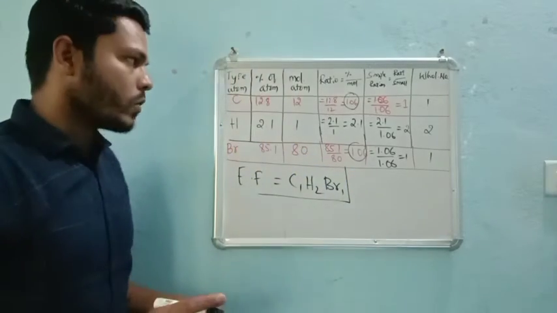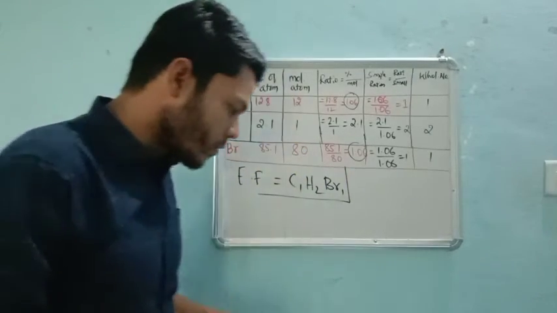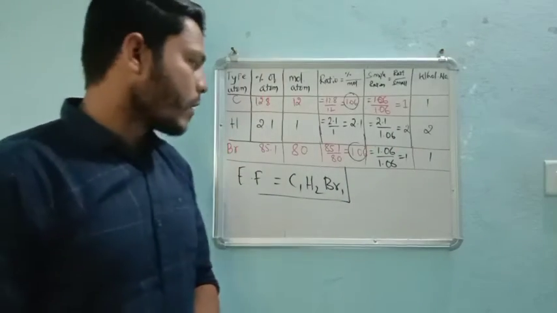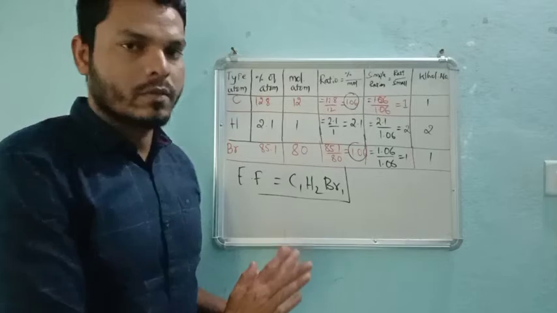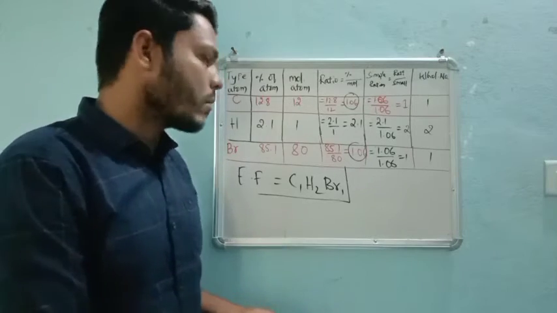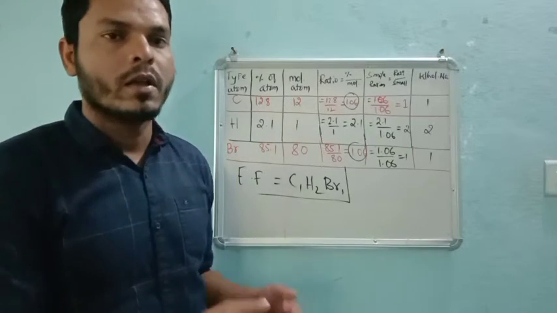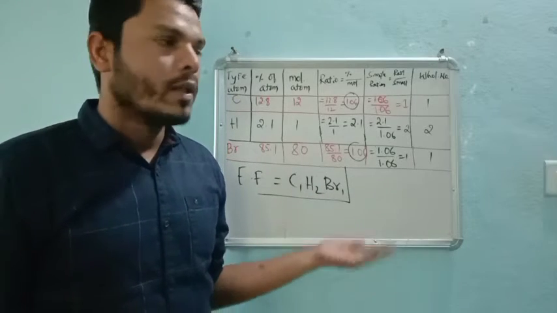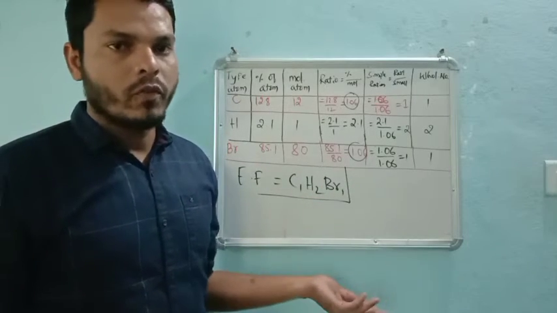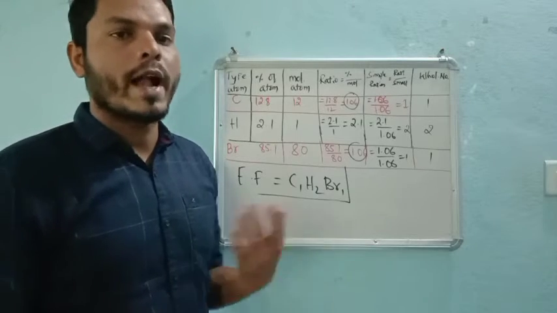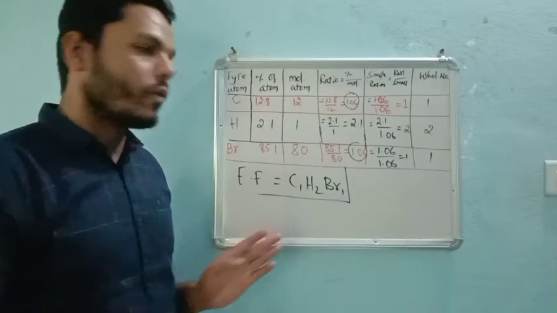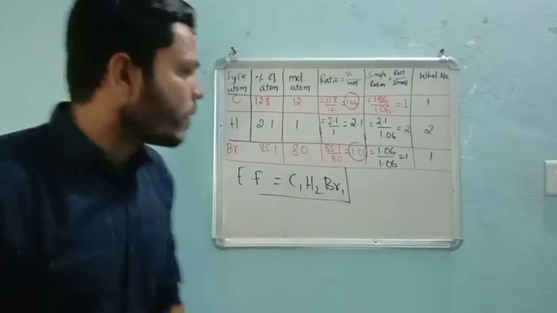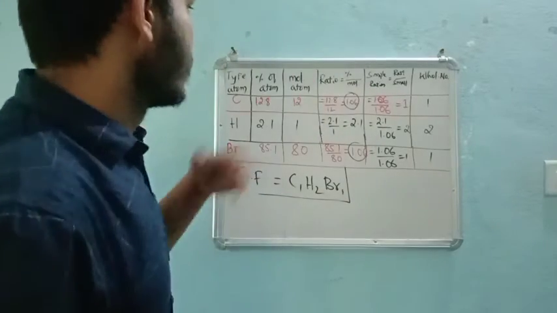They have not asked us to calculate the molecular formula, so this is your answer. If they ask for the molecular formula, then they will definitely give the empirical formula weight and molecular formula weight. Then we need to find n, and by adding the n value we will get the molecular formula. So this is about this problem.